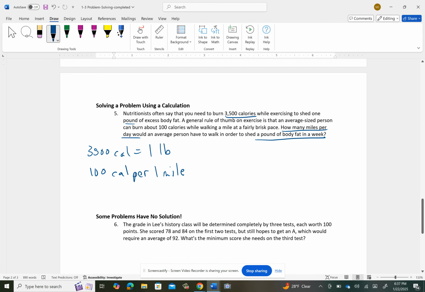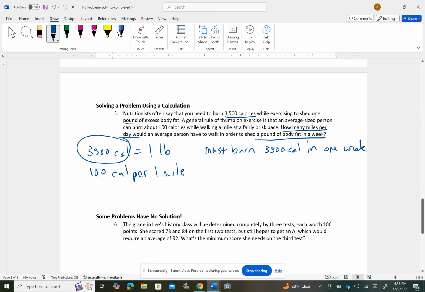How many miles a day would an average person have to walk in order to shed a pound of body fat in a week? So to shed a pound of body fat in a week, they would have to burn 3,500 calories. I'll just jot that down for myself, must burn 3,500 calories in 1 week.